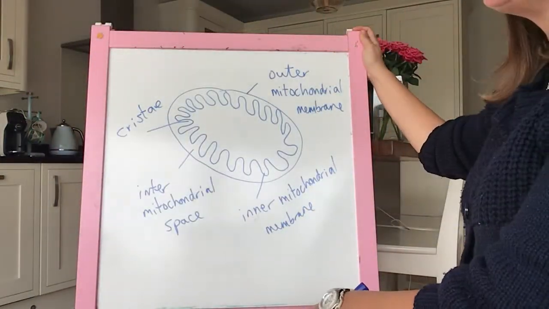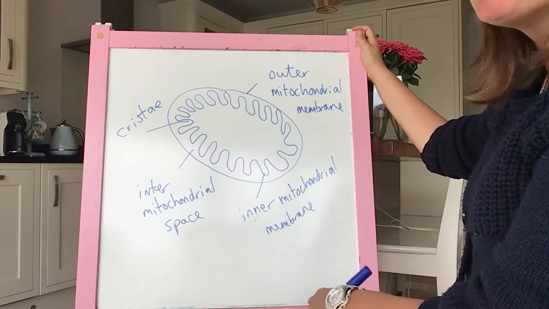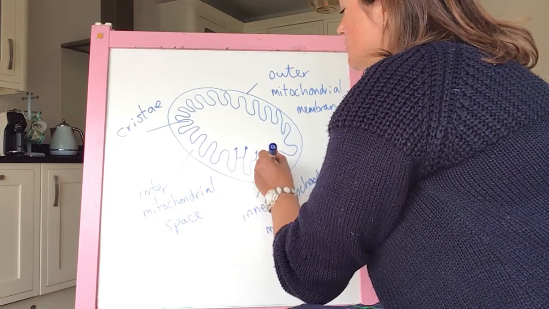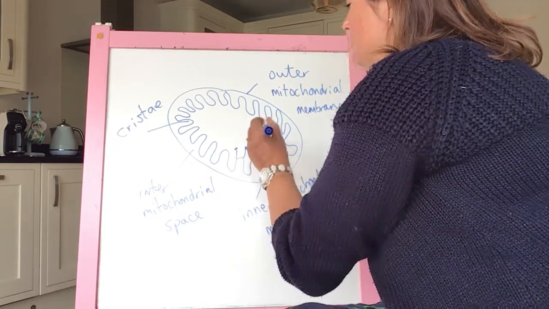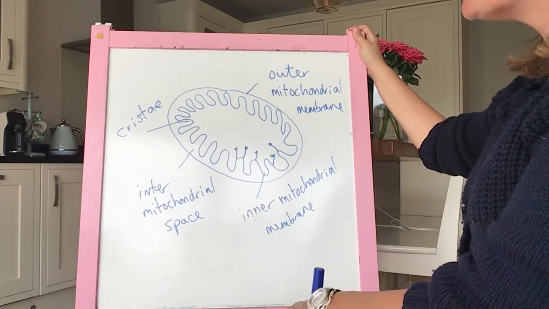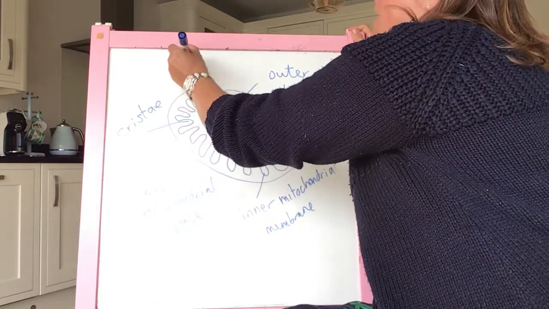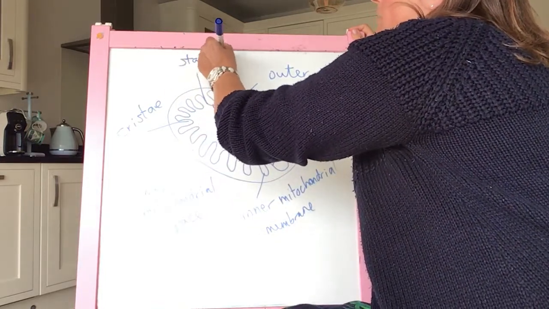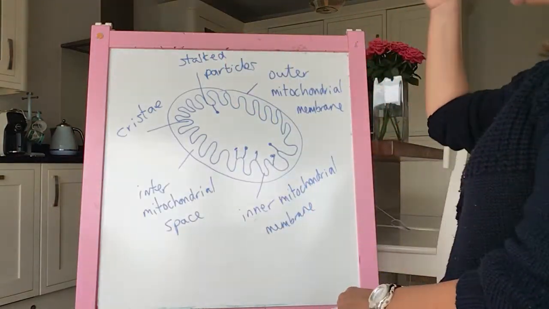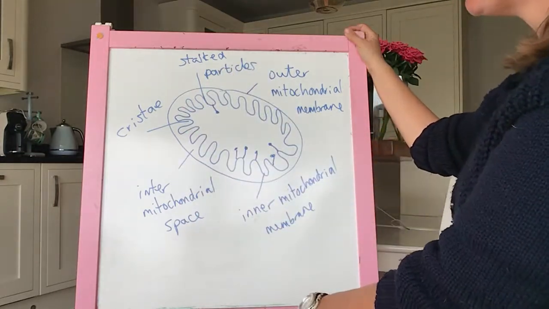And what you wouldn't have known at GCSE, or maybe even at the beginning of the AS module, is that they are covered in what looks like lollipops. Now, these are known as stalked particles. Let's just label one here, stalked particles. Okay? And they cover the surface of the cristae.